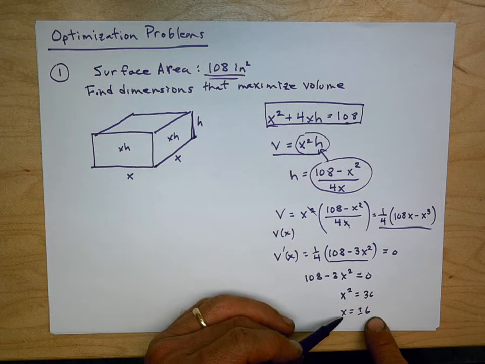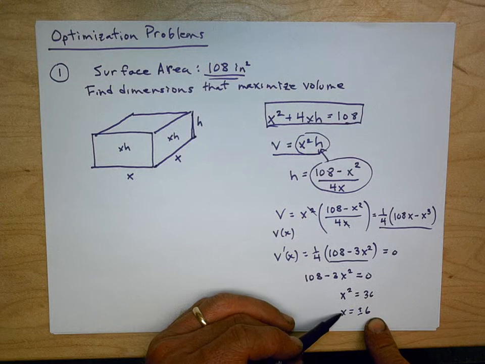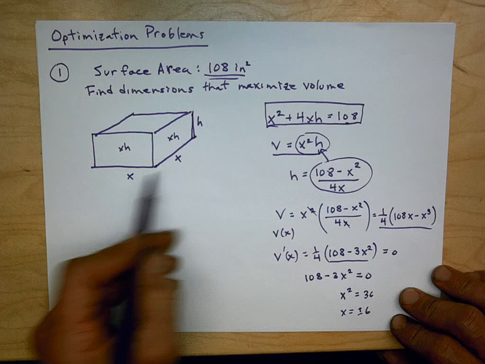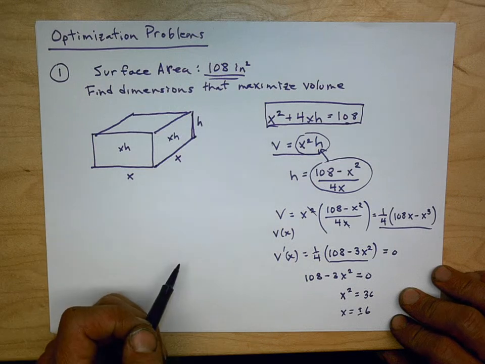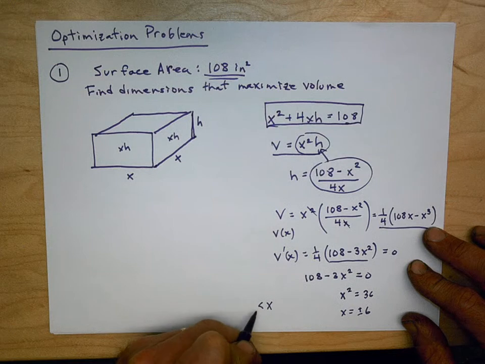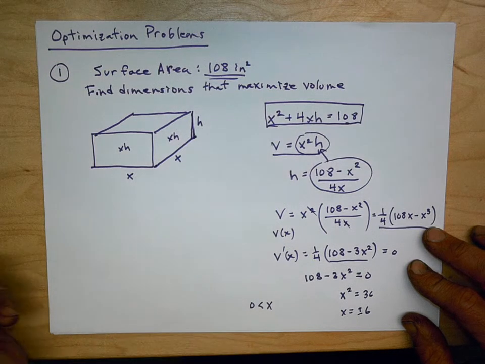So now at this point, we have to think about what values of x make sense here. First, x has to be positive. It doesn't make any sense for it to not be positive, so x has to be greater than 0. Clearly, if x is 0, we don't have a box.